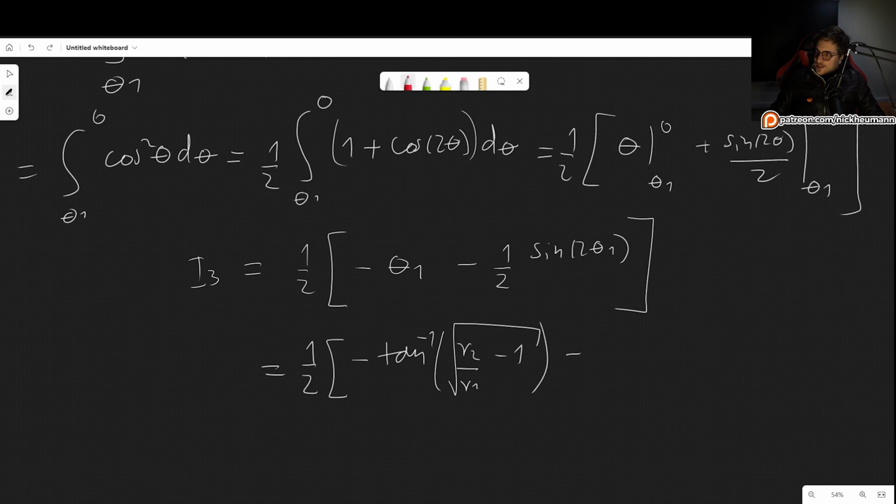This is another formula that you should know. Sine of 2 theta is 2 times sine of theta cosine of theta. So using that, we get 2 over 2 sine of theta 1 cosine of theta 1. Now the 2's, of course, cancel out.